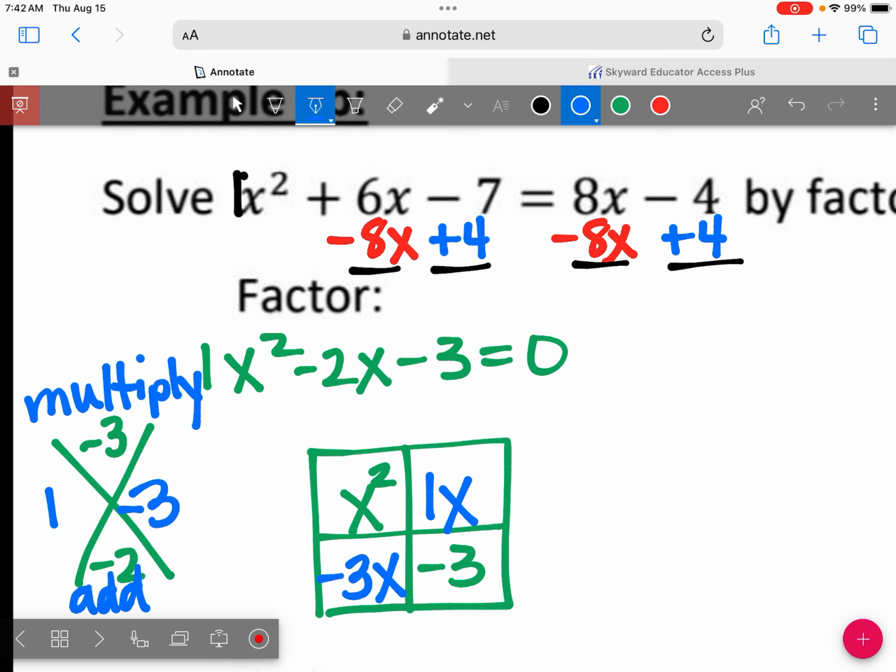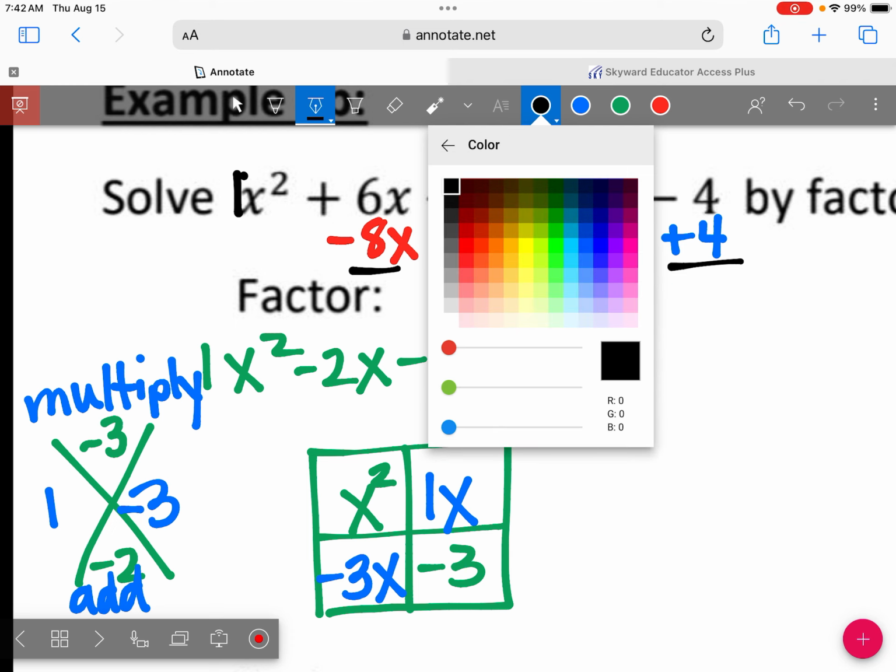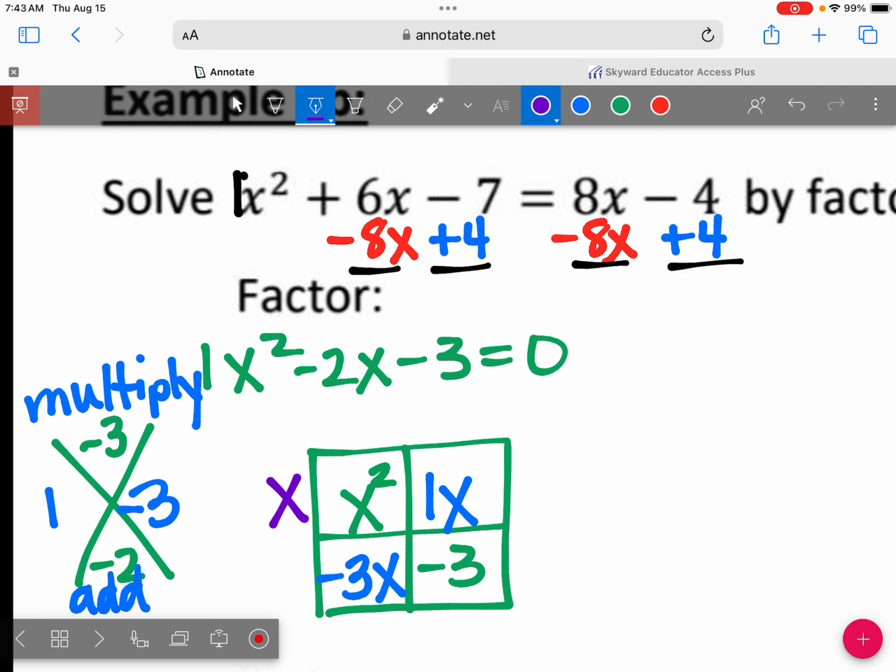All right, let's go ahead and take out our GCFs. So in this row, I could take out an x. In this row, I'm taking out a negative 3. See how they both have a negative 3. And then in this first column, I'm taking out an x.